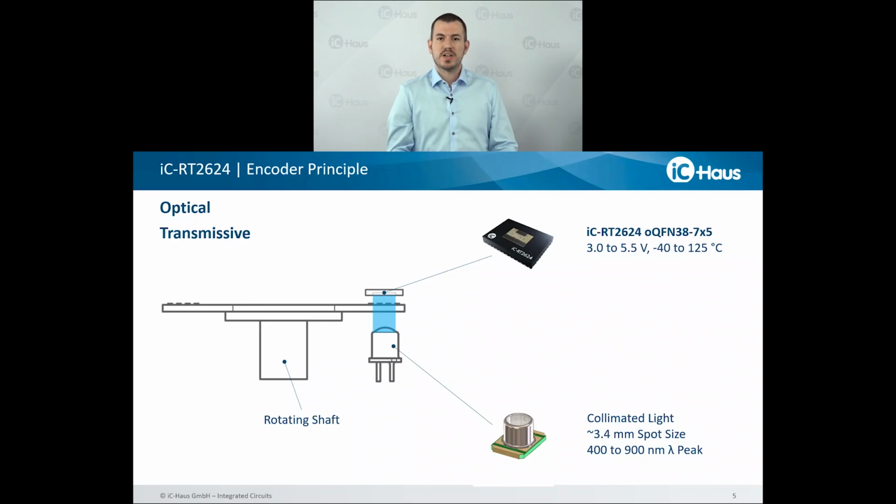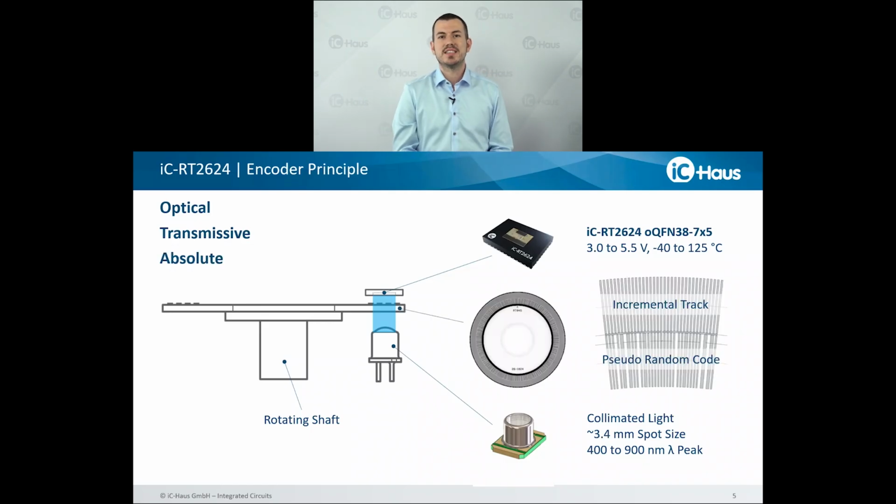Last but not least, one main characteristic, it's an absolute encoder device. What does that mean? After power on, the absolute angle information is right there. No motion required whatsoever. Therefore, the system uses a pseudo-random code here on the inner track of the code disk.